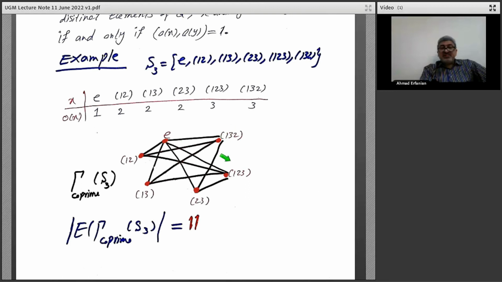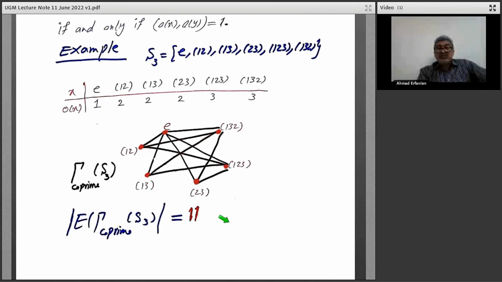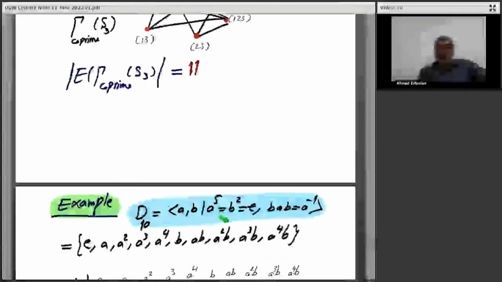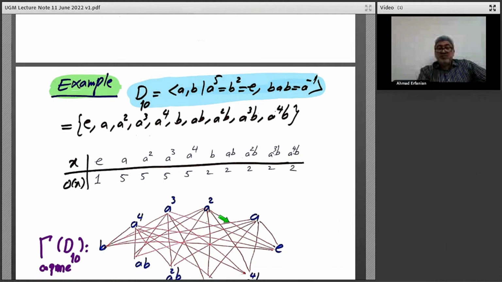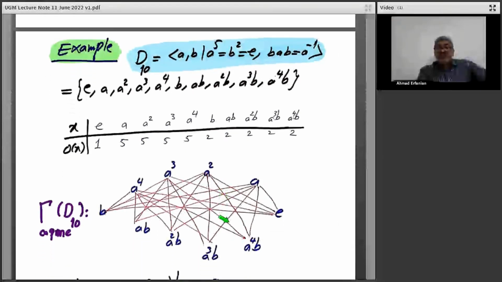Now look at (1 2). (1 2) has order 2, and we don't have an edge between (1 2) and (1 3) because the greatest common divisor of their orders is 2. But (1 2) and (1 3 2) have coprime orders because (1 2) has order 2, but (1 3 2) has order 3, and 2 and 3 are coprime.